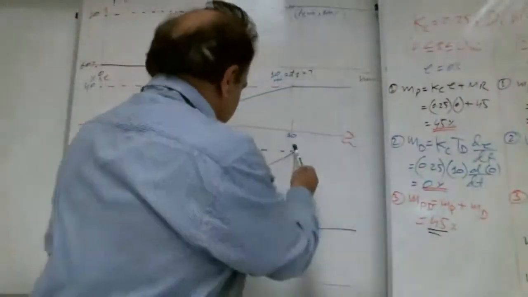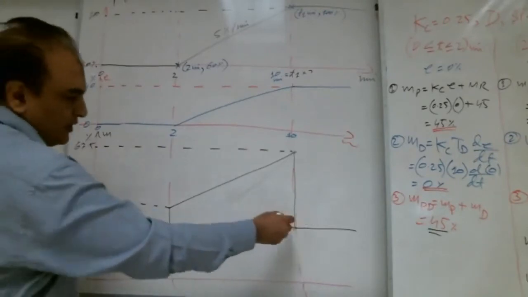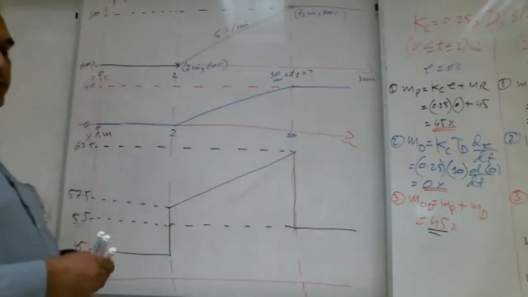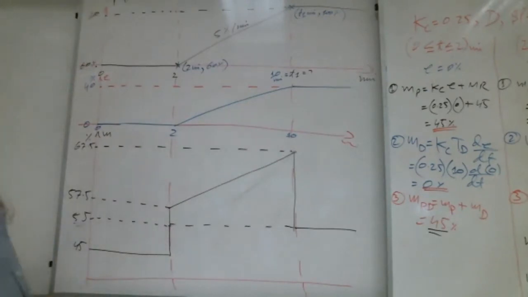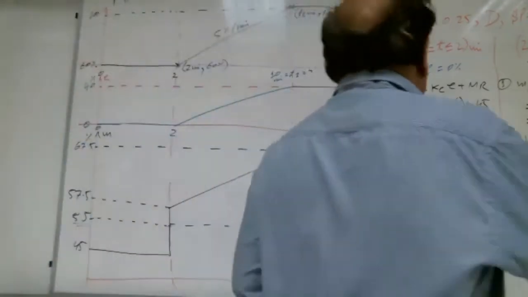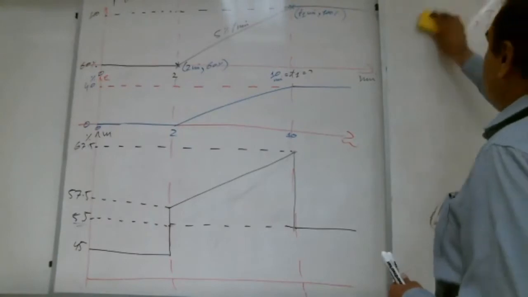And then at 10, it becomes 55. So we bring it down to 55. See here, this is the 55. And after that, it continues. Do you agree with me? That's good. Any question up to here, Shabab? Any question up to here? Please ask.